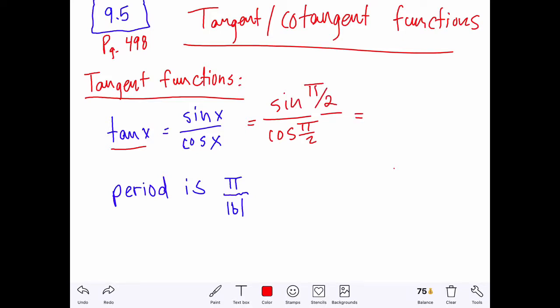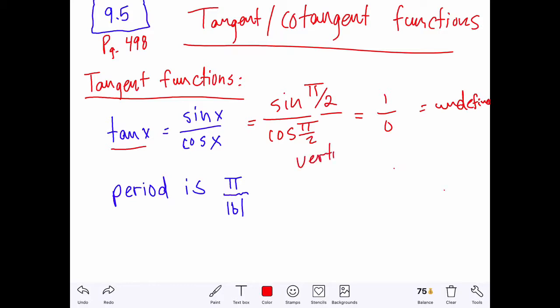Well, pi halves is a 90, and at 90 your y value is 1, your x value is 0, and hence it's undefined. So the graph of tangent x is defined by these undefined portions, which are vertical asymptotes.